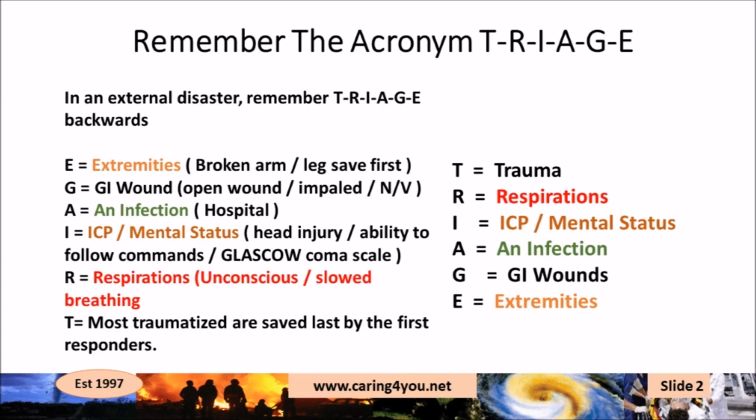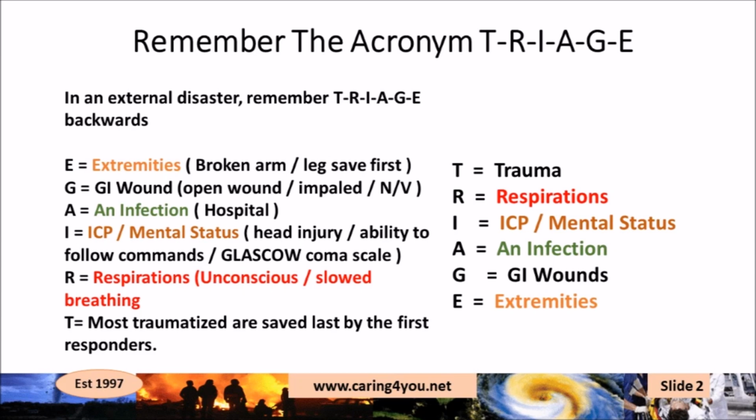These are the type of things that stand for GI. A stands for an infection. You usually will not see this at the scene of an accident. You usually see infection at the hospital. But it's part of the word triage, so we put it here, okay?